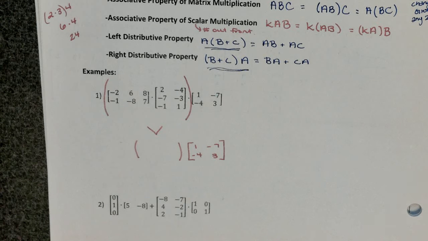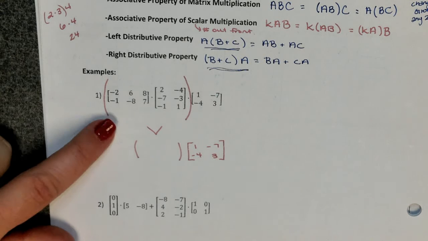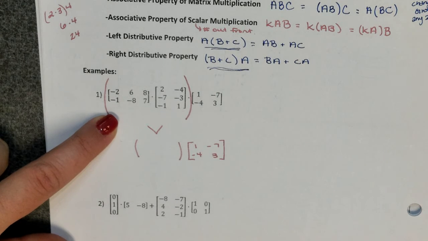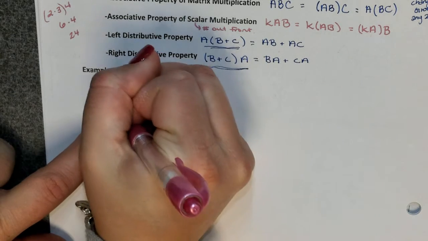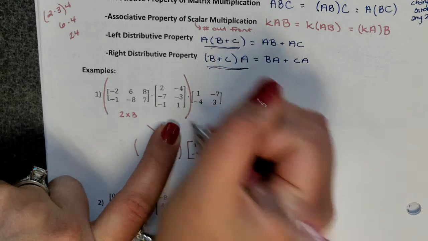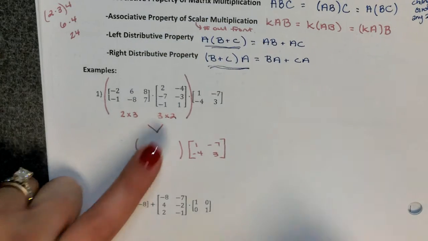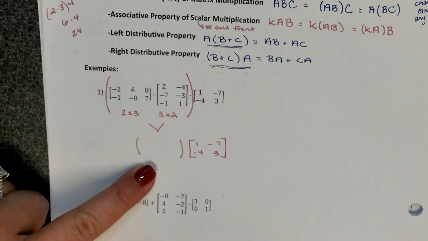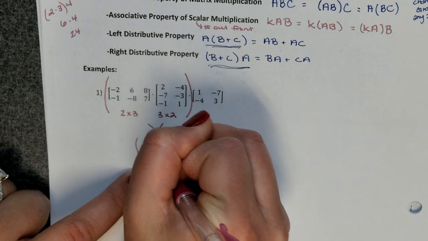But first we have to figure out, can we even multiply these two together? So, what's the dimensions of this first matrix? A 2 by 3. What are the dimensions of the next matrix? 3 by 2. Can we multiply them? What's our answer going to be? A 2 by 2.